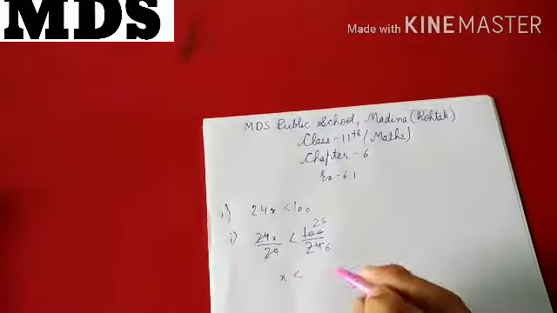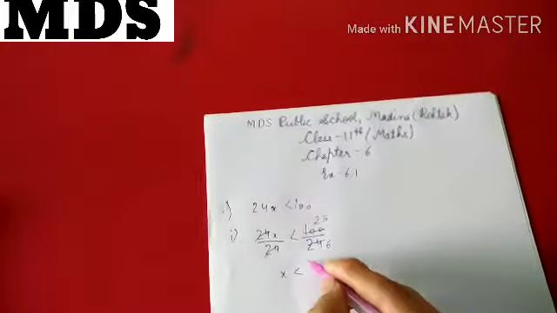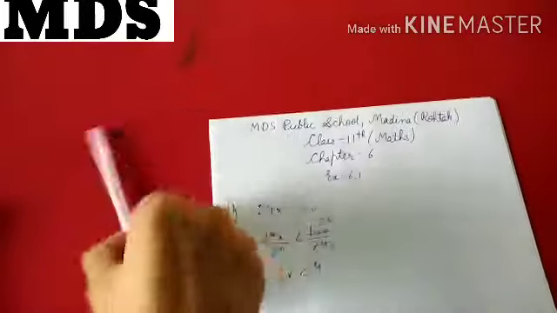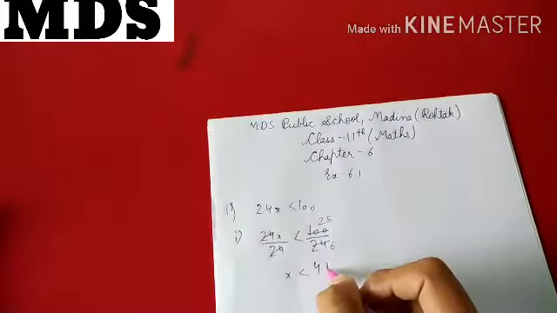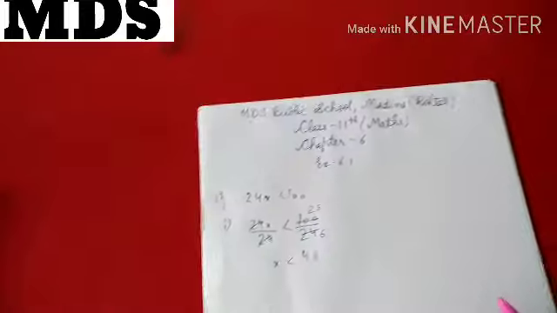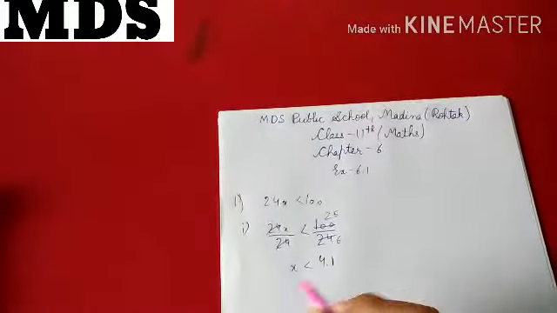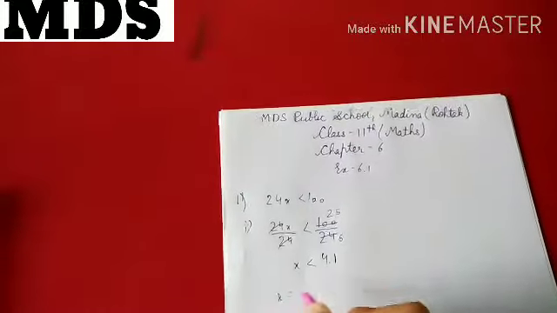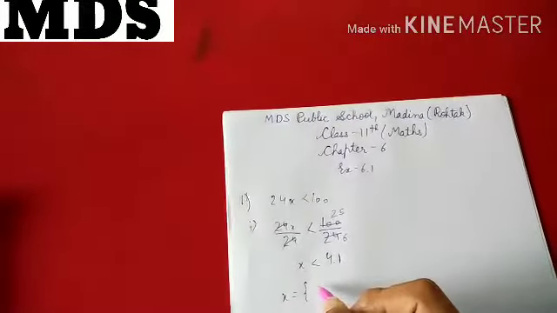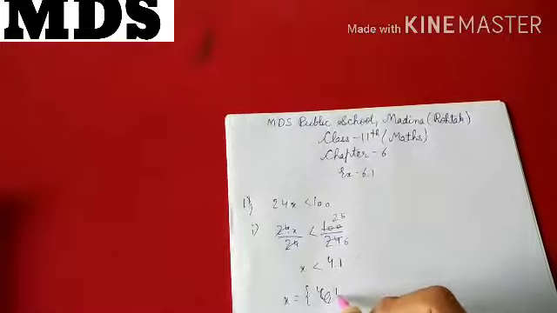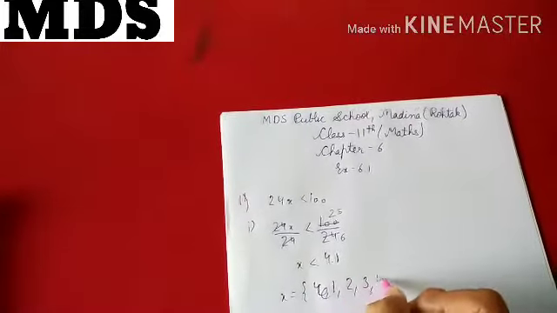So x is less than 25 by 6, which means 4.1 something. What will be the values of x? If x is a natural number, x values will be 4, or you can say 1, 2, 3, 4.